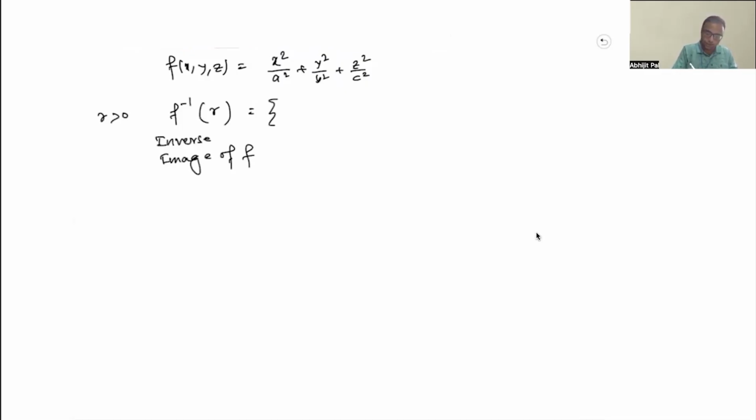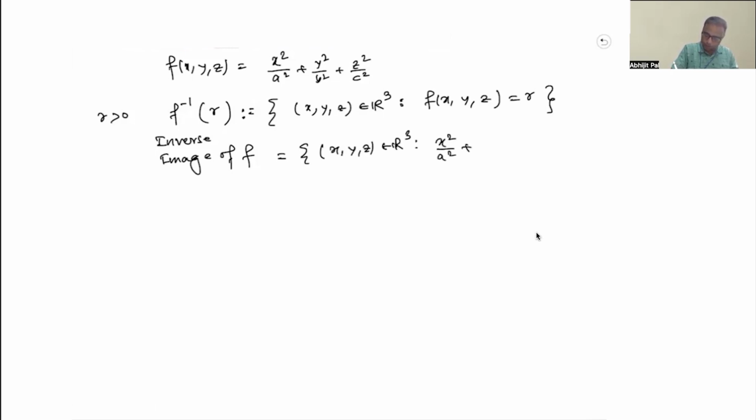So f inverse r is all those x, y, z belonging to R3 such that f of x, y, z equals r. And this set is nothing but the set of all x, y, z such that x square by a square plus y square by b square plus z square by c square is equal to r.